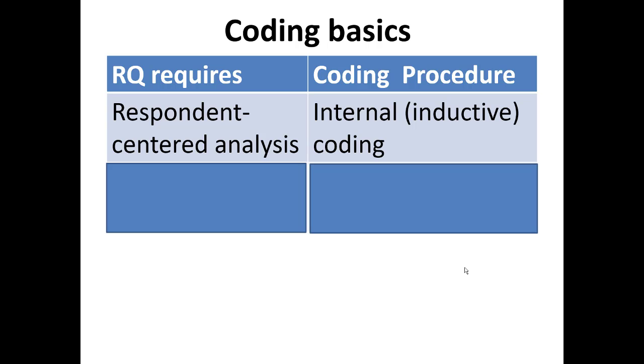And by calling it inductive, this points to inductive logic, where we look at lots of observations and then from those pull patterns out of those. Sometimes internal coding, if it's not called inductive coding, might get called open coding. I've occasionally seen it called free, F-R-E-E, coding as well.